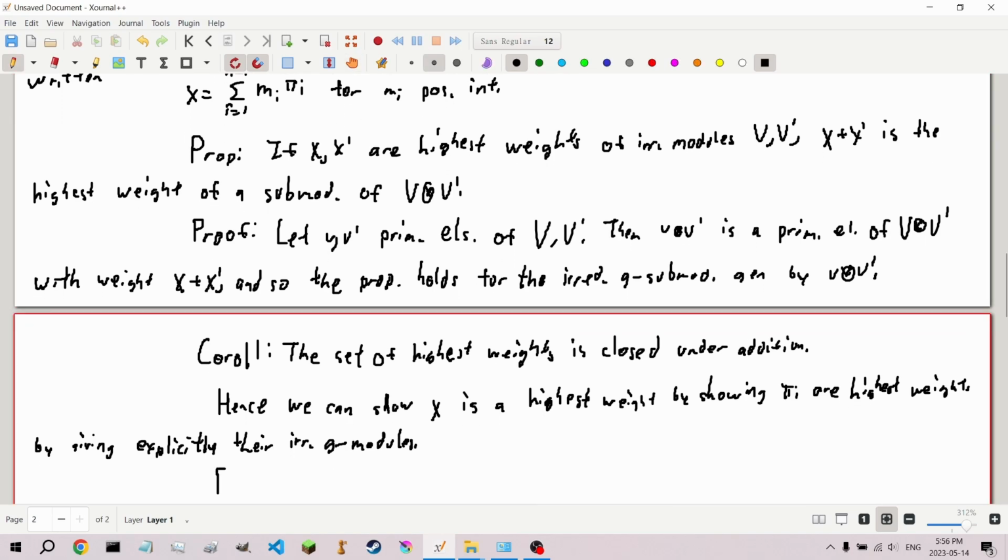Comes a proposition. Let V be k to the n as a G module, for i from 1 to n minus 1.